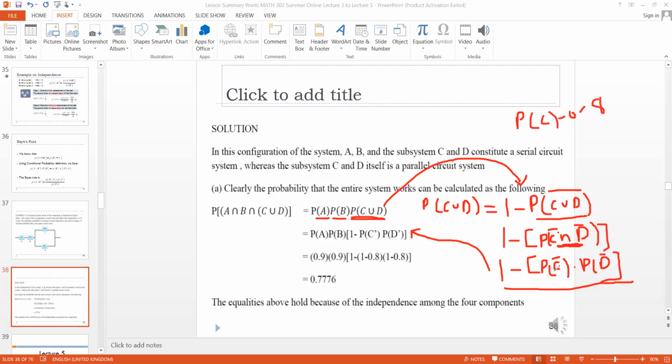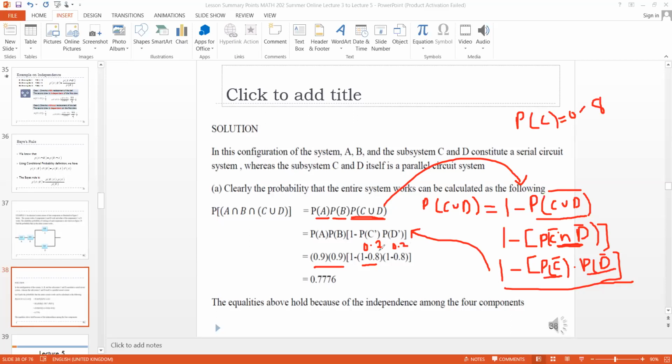So it means that the reliability of C complement will be what? 1 minus 0.8, which will be 0.2. And then the probability of D complement will also be 1 minus 0.8, which is 0.2.